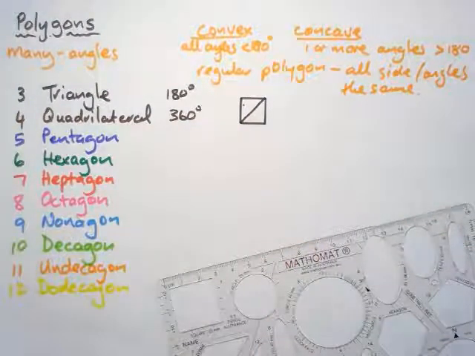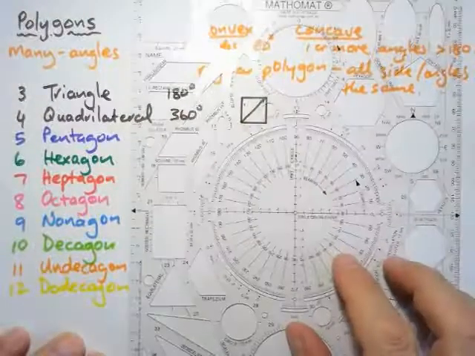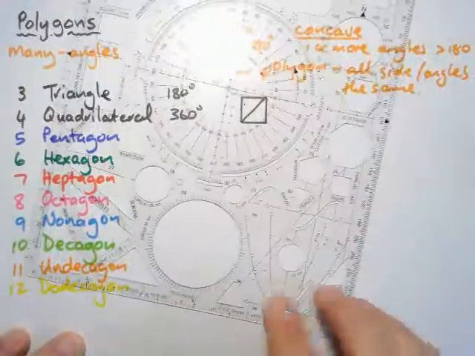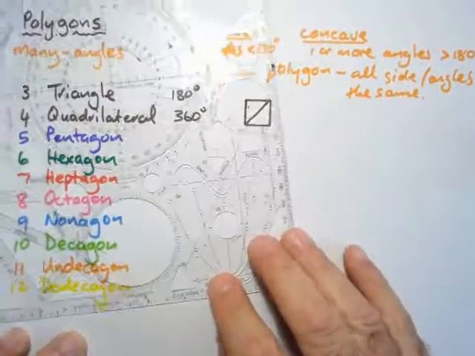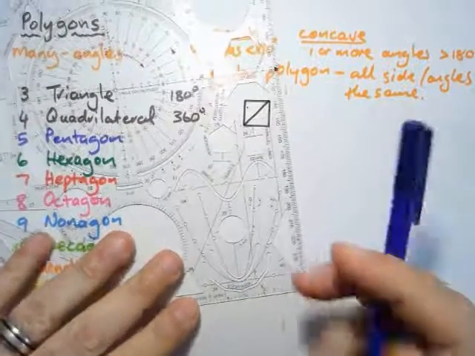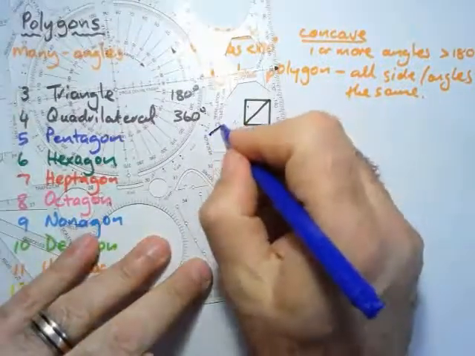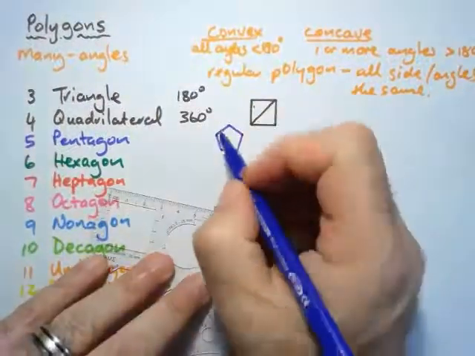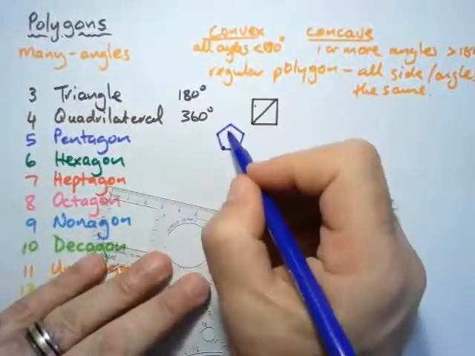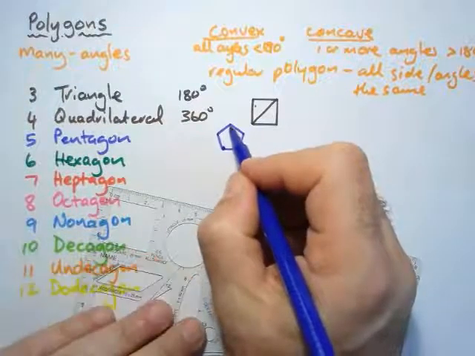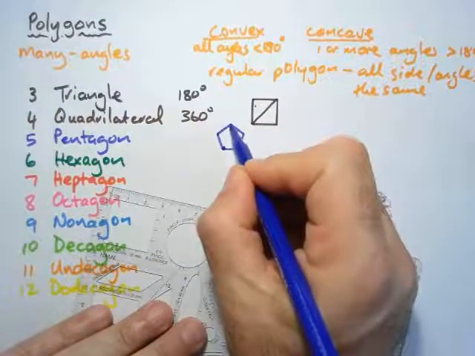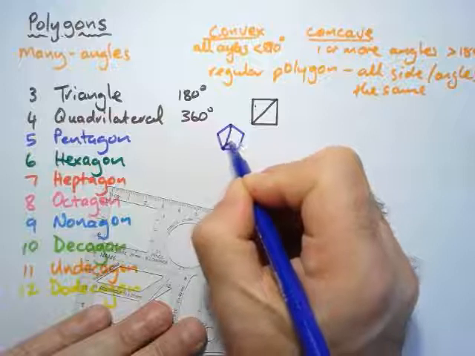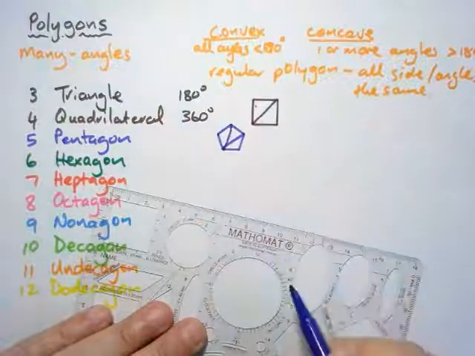If I have a pentagon, the easiest way to find how many angles is, if you have a figure, to go to any point and then connect to all vertices. So I'm going to go there and I'm going to say that's 1 and that's 2. So it's 1, 2, 3 triangles.